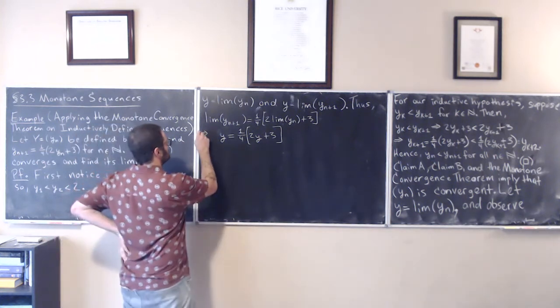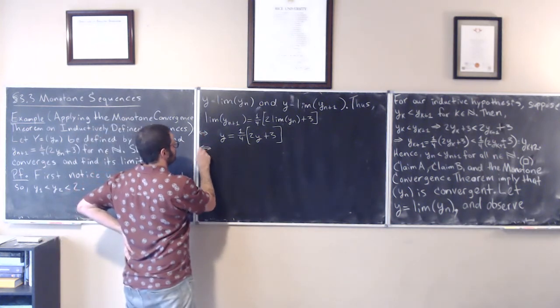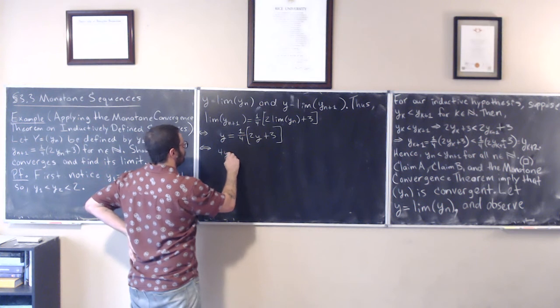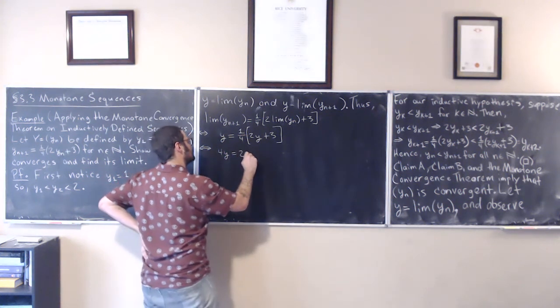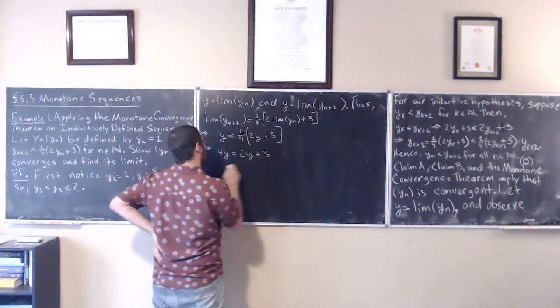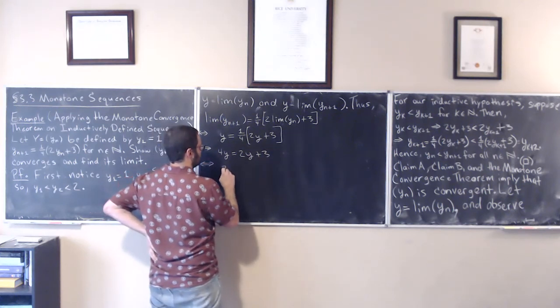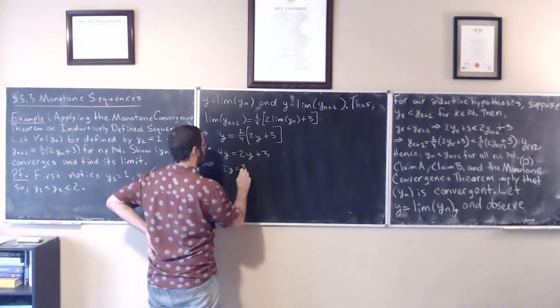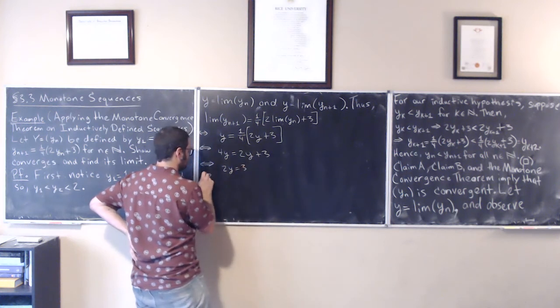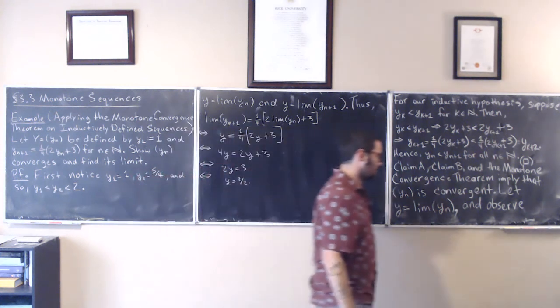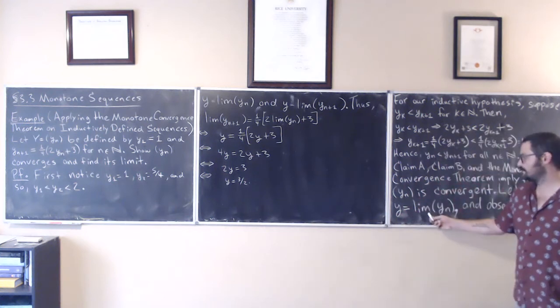Which in turn, what do we have here? So 4y is equal to 2y plus 3, which means that 2y is equal to 3, which means that y is equal to 3/2. So that's the limit.